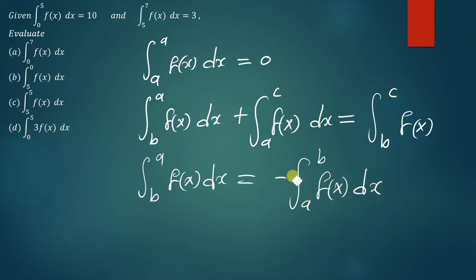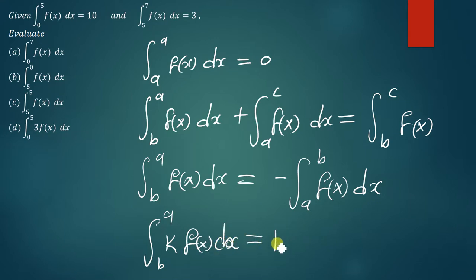You simply add a negative outside. Then if you have the integral of k times f of x dx, this is the same as k outside and then the integral of that. These are the rules that we're going to be applying to solve these questions.